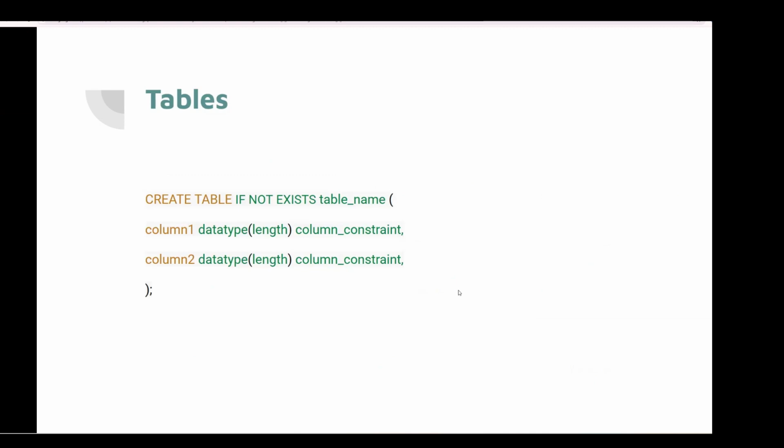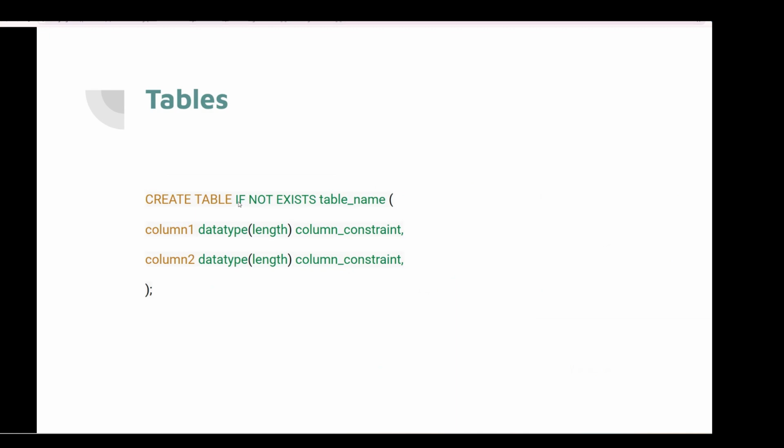So how to create tables inside a database? This is the syntax. Tables allow you to store structured data, like customers, products, employees, students, anything. And you can see here the IF NOT EXISTS option. This is optional.